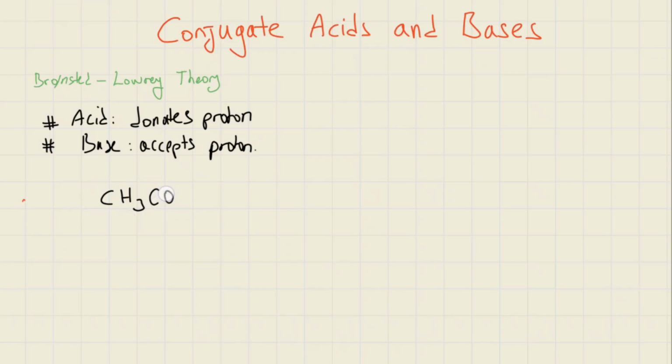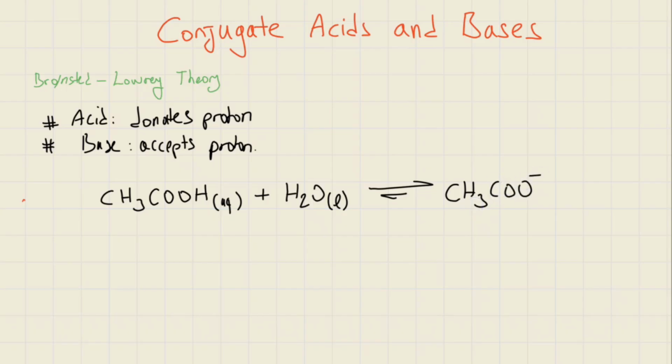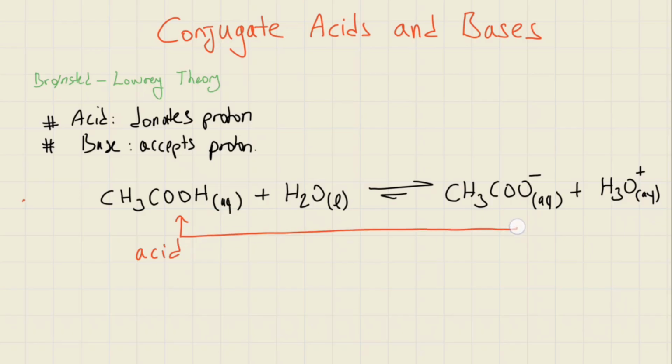And I can give a very simple example again. So think acetic acid, and if we have water, there's an equilibrium reaction. So we produce acetate ion plus H3O plus. So here acetic acid gave its proton, so it is an acid, and it creates the conjugate base.